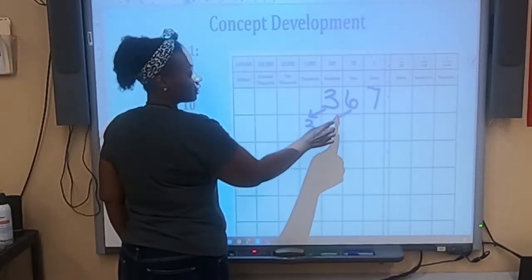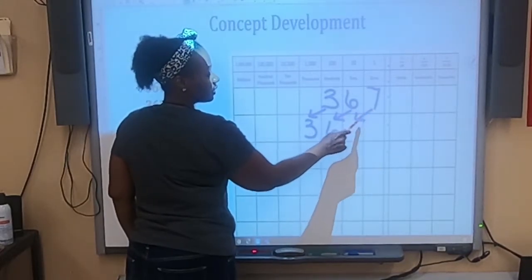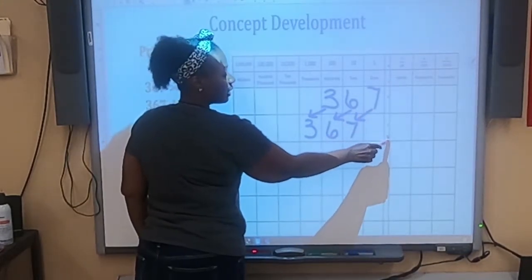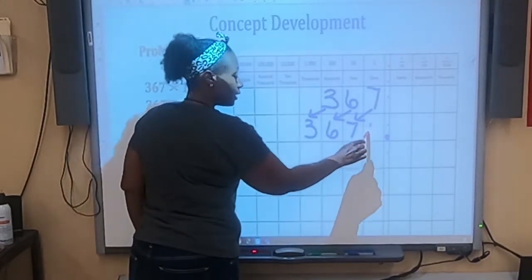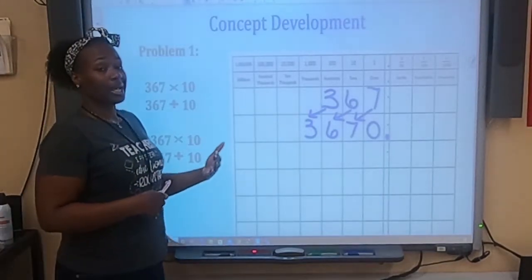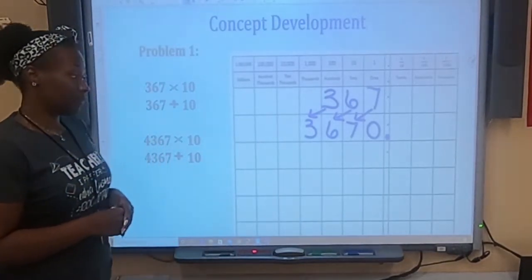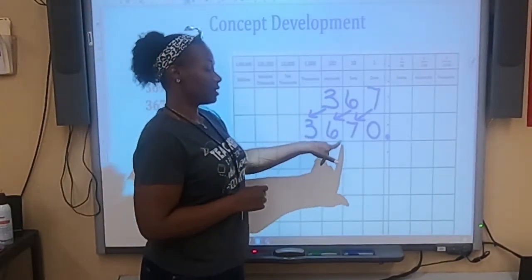My 6 shifts to the left 1 time. My 7 shifts to the left 1 time. Notice I'm not at my decimal. What will get me there? Right, a 0. Remember, to get back to my decimal, I simply add a 0 in empty place values. So that tells me that 367 times 10 gives me 3,670.